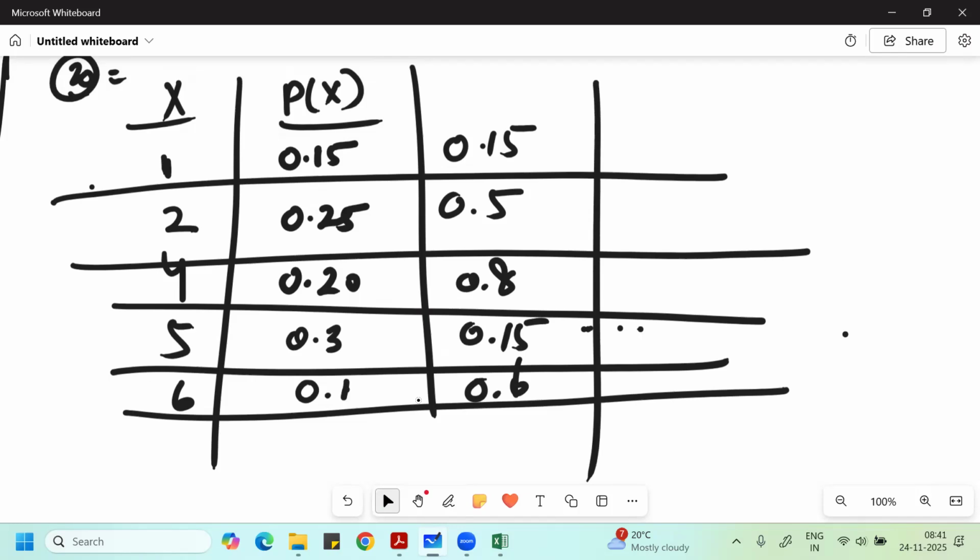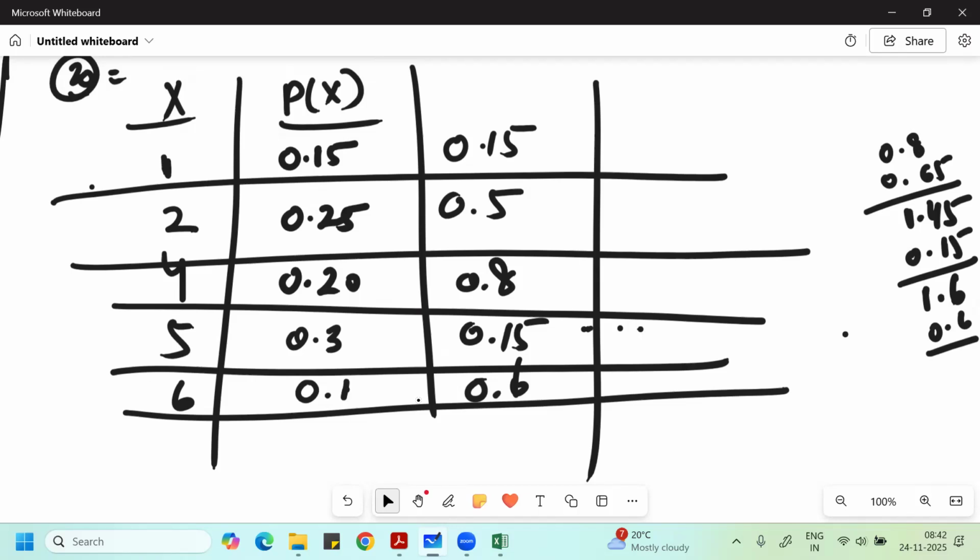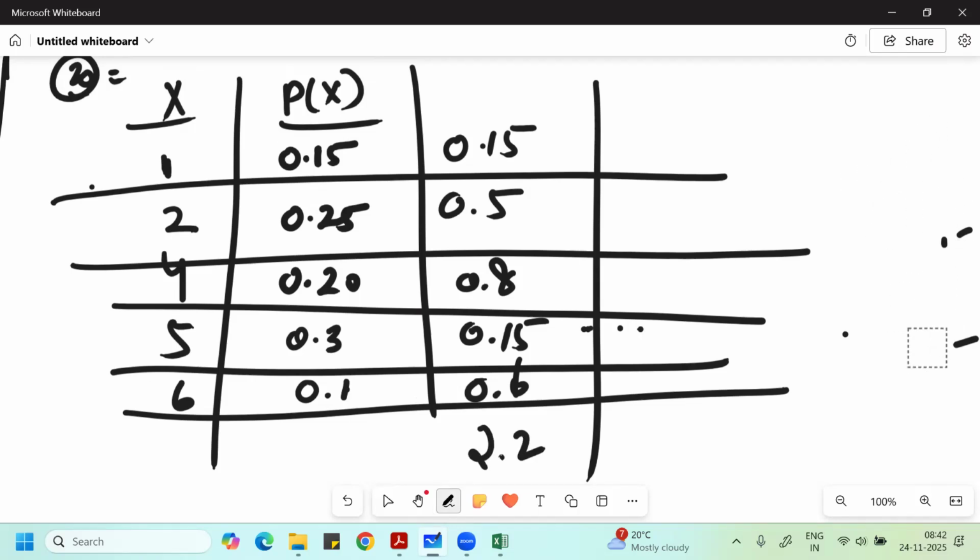So 0.15 plus 0.5 is 0.65, 0.65 plus 0.8 you'll get 1.45. 1.45 plus 0.15 is 1.6, and then plus 0.6 you'll get 2.2. So your expected value is 2.2.